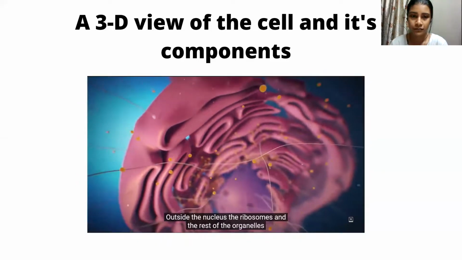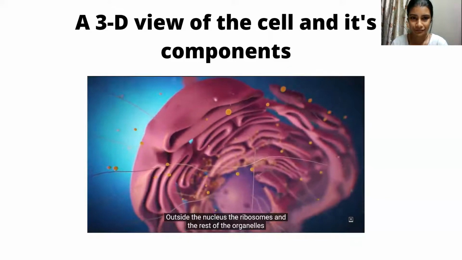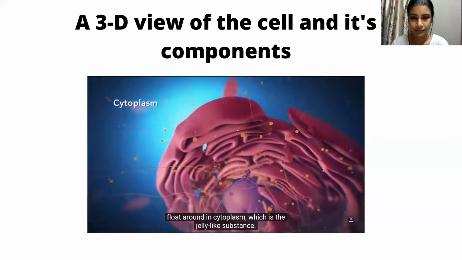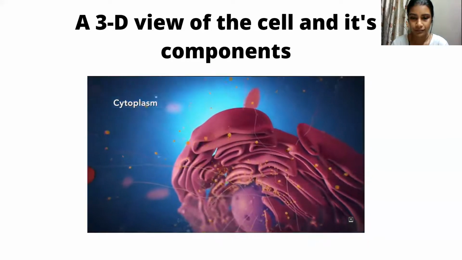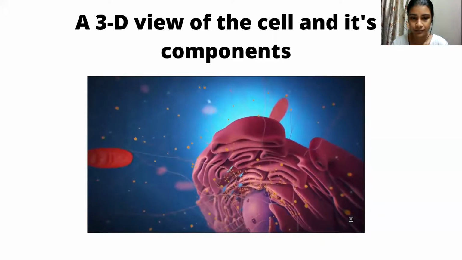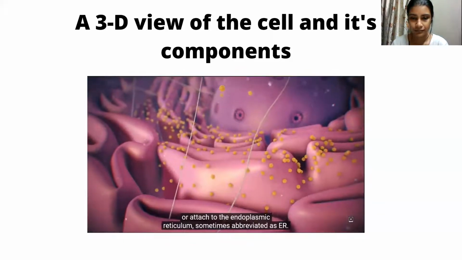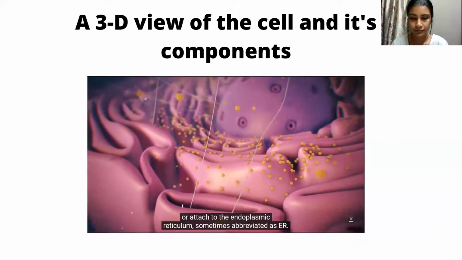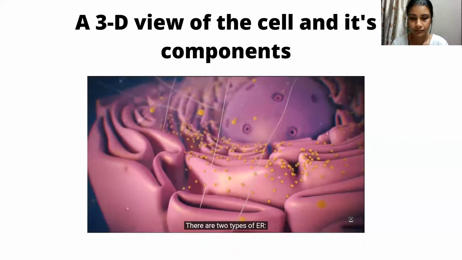Outside the nucleus, the ribosomes and the rest of the organelles float around in the cytoplasm, which is the jelly-like substance. There are two types of ER.